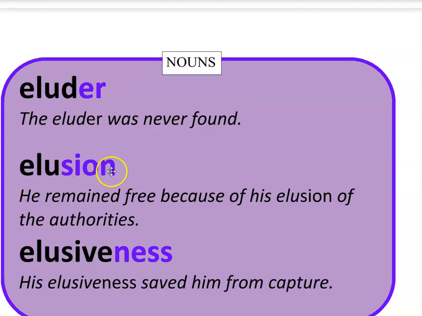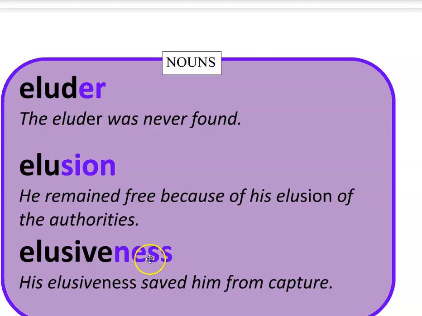The illusion would be a noun also, having the quality or state of. He remained free because of his illusion of the authorities. So because of his ability, quality of being able to avoid the authorities. So we know elude means to avoid. So illusion would be a thing he has. He has that ability to avoid the authorities.